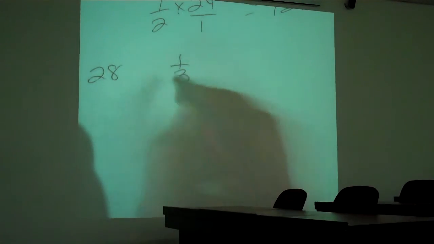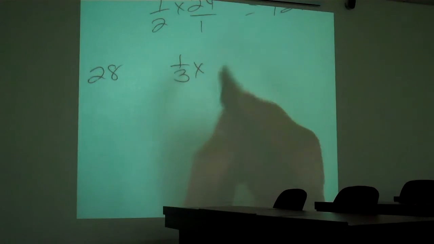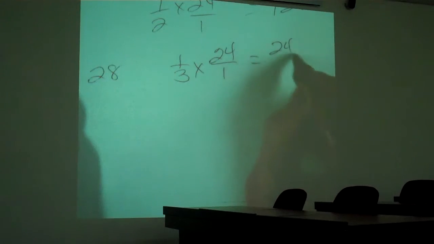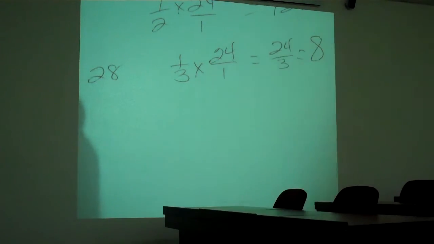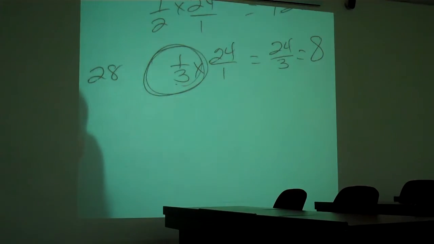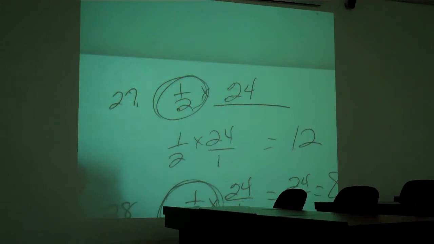Okay, 28, it wants 1/3 of everything. You could do the amount times 1/3. If it was 24 or something, you would have 24 divided by 3 is 8. So what you do is 1/3 of the recipe, you do 1/3 times the amount. Half the recipe, 1/2 times the amount.